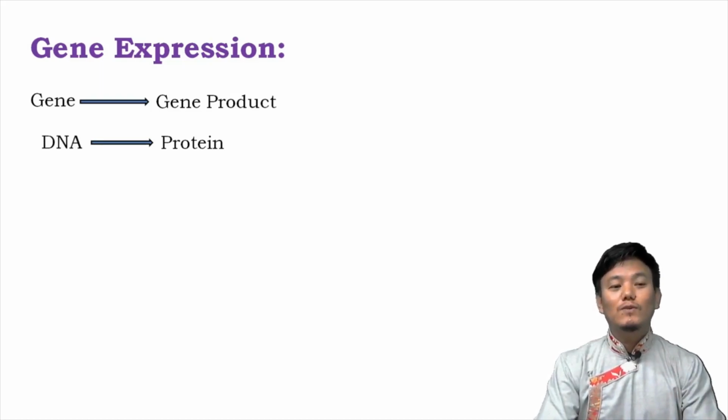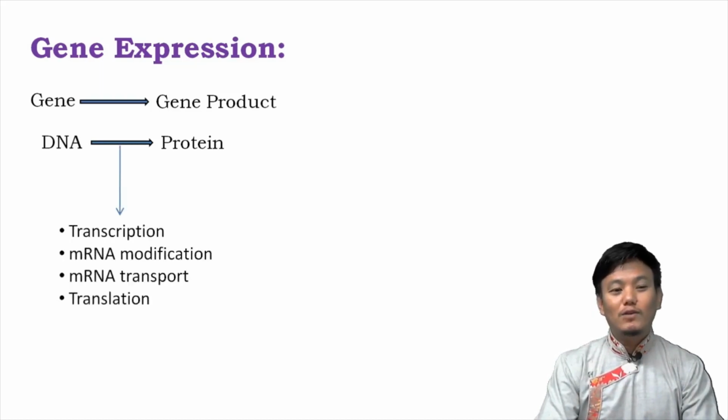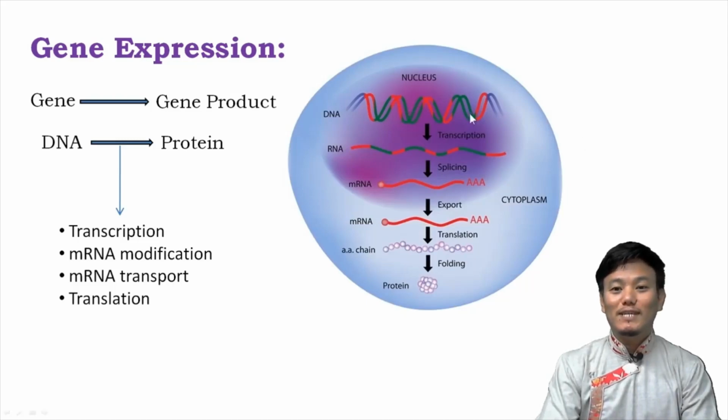In the synthesis of protein, we know that from DNA to protein there are many steps involved. Those steps are transcription, mRNA modification, mRNA transport, and translation. In a typical eukaryotic cell, inside the nucleus, we can see the DNA over here.